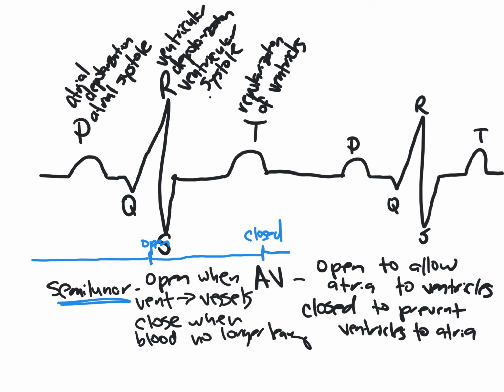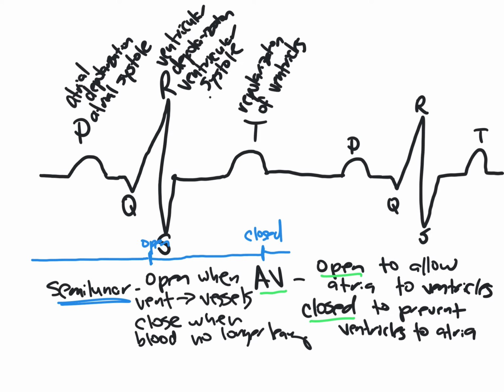Next, let's think about your AV valves. Your AV valves are open, essentially open by default, and allow blood to flow from the atria to the ventricles. Your AV valves close when the ventricles are contracting. The papillary muscles pull down on the chordae tendineae and pull the cusps down to close the valves, and so this happens during ventricular systole, or during that ventricular ejection portion of the EKG.